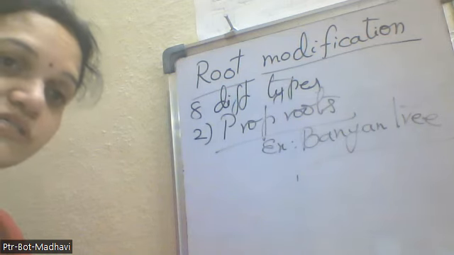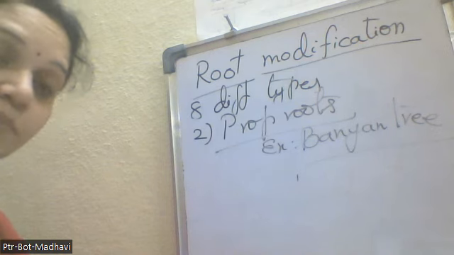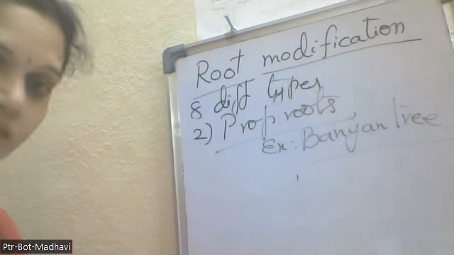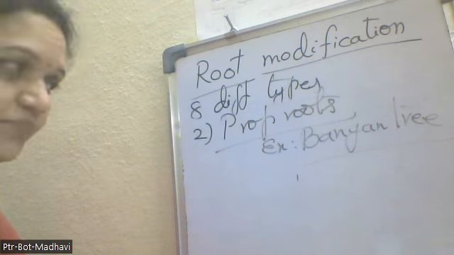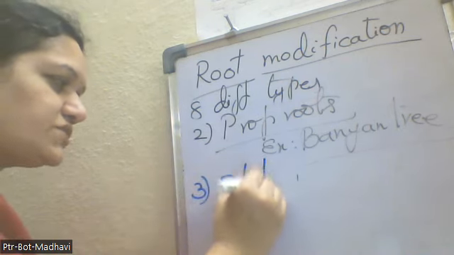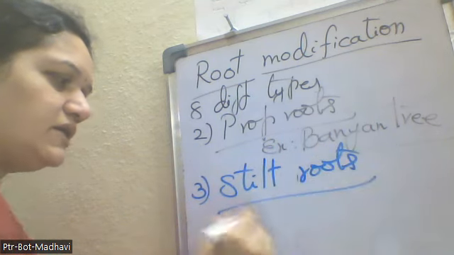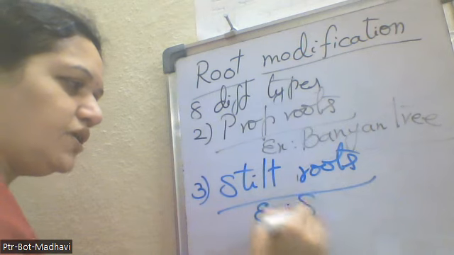These roots look like a pillar, so they are called pillar roots or prop roots. Example, banyan tree. The next one is the stilt roots. Example, sugarcane.